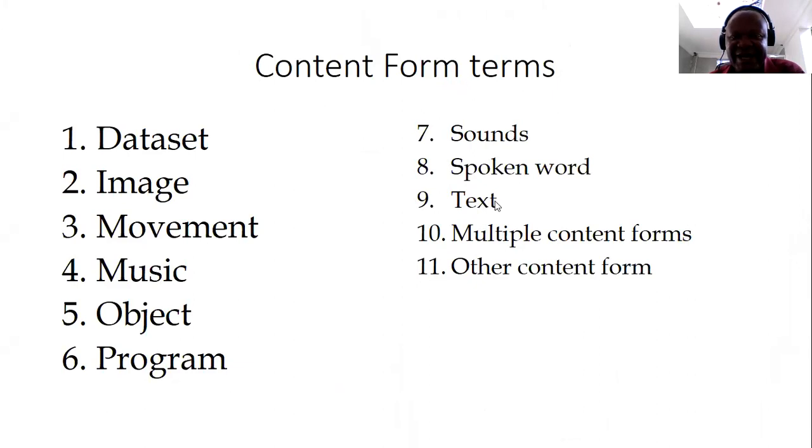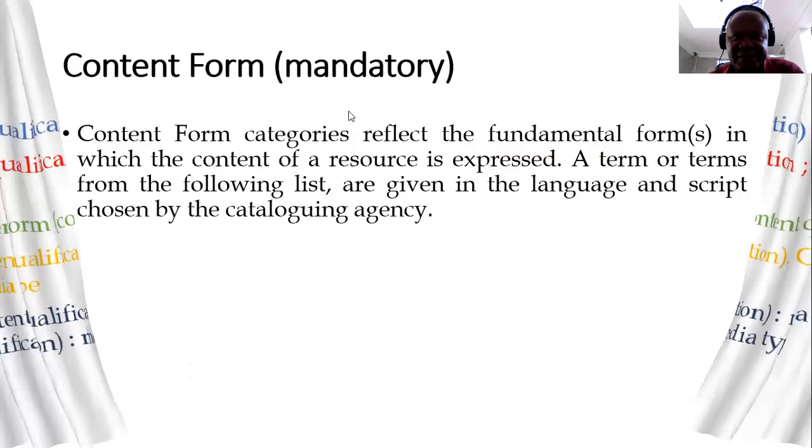The reason is that other than text, we have other terms like data set, image, movement, music, object, program, sounds, spoken word, of course, text, multiple content forms, and other content form. So I'm trying to introduce to you other terms other than text that we shall be using in area O. And these terms arise simply because we shall be dealing with non-book materials. So I'll go backwards and then look at content form in detail.